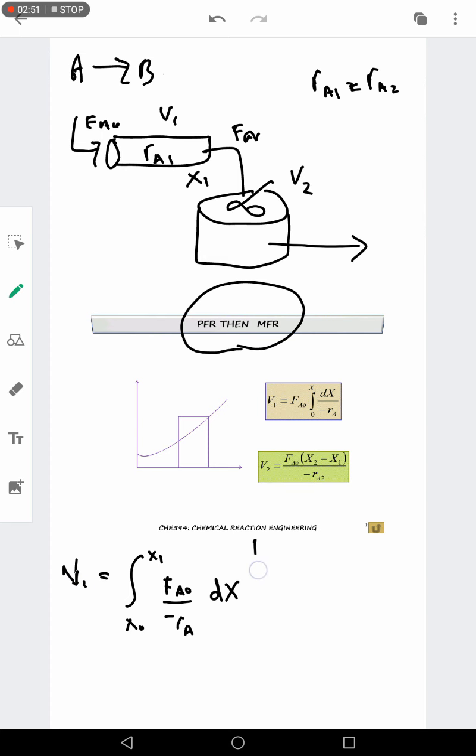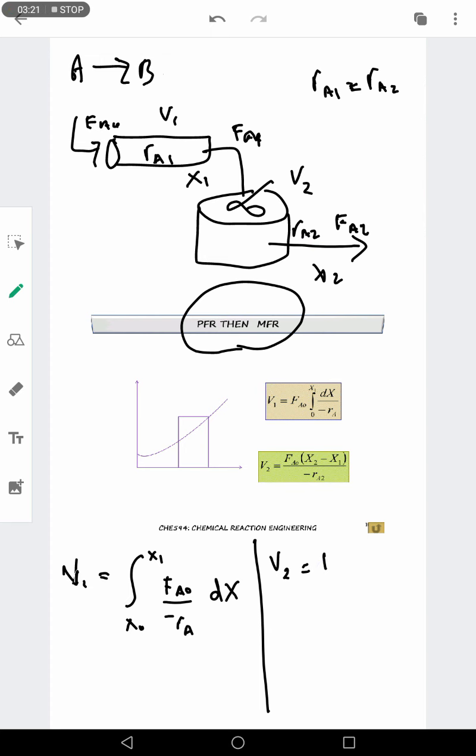Okay. Untuk V2 pula, dia adalah CSTR. So meaning that the design equation will be different. In which yang masuk ke dalam CSTR adalah FA1, yang keluar adalah FA2, X2, and let's say RA2, and we assume that RA2 is equal to RA1.